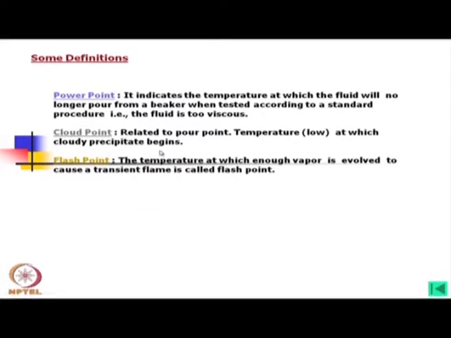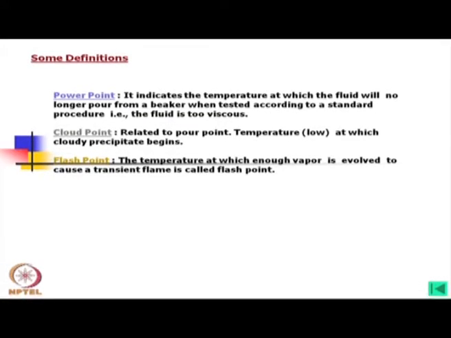Now, flash point: the temperature at which enough vapor is evolved to cause a transient flame is called flash point. What is a transient flame? Suppose you heat an oil. At a certain temperature, a flash of fire comes on the oil, but it keeps coming and going.